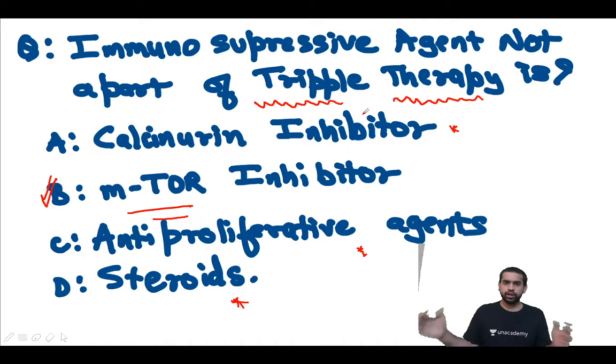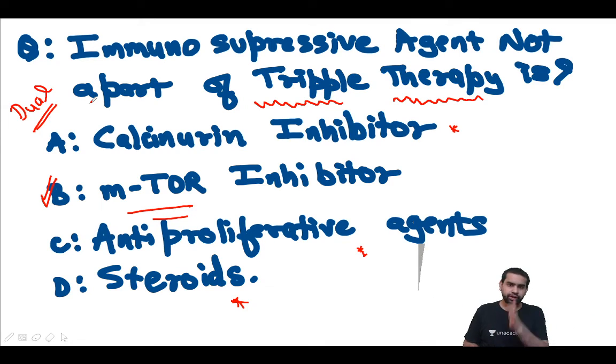So if you connect the dots, you will remember this. That was the triple therapy. There is also sometimes a dual therapy. If somebody asks you about dual therapy, it consists of a calcineurin inhibitor with an anti-proliferative agent, or a calcineurin inhibitor with a steroid.